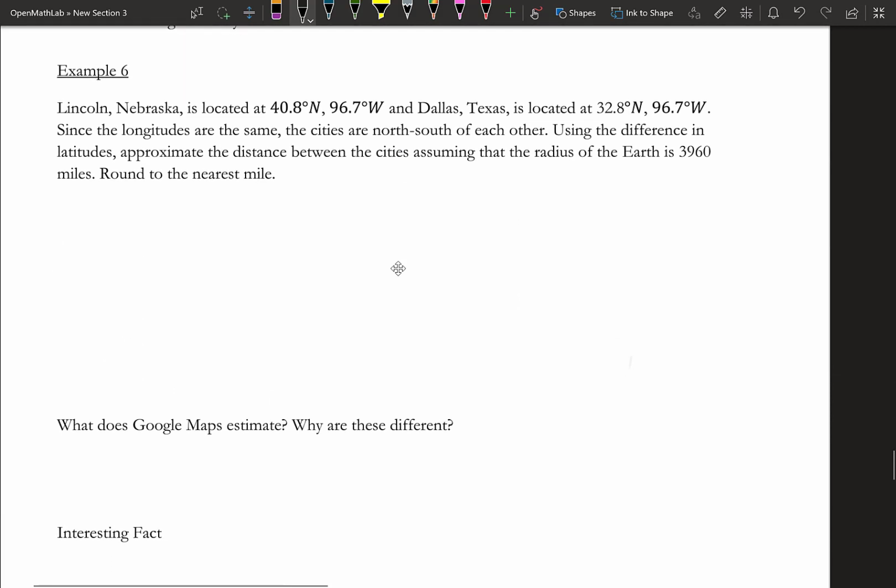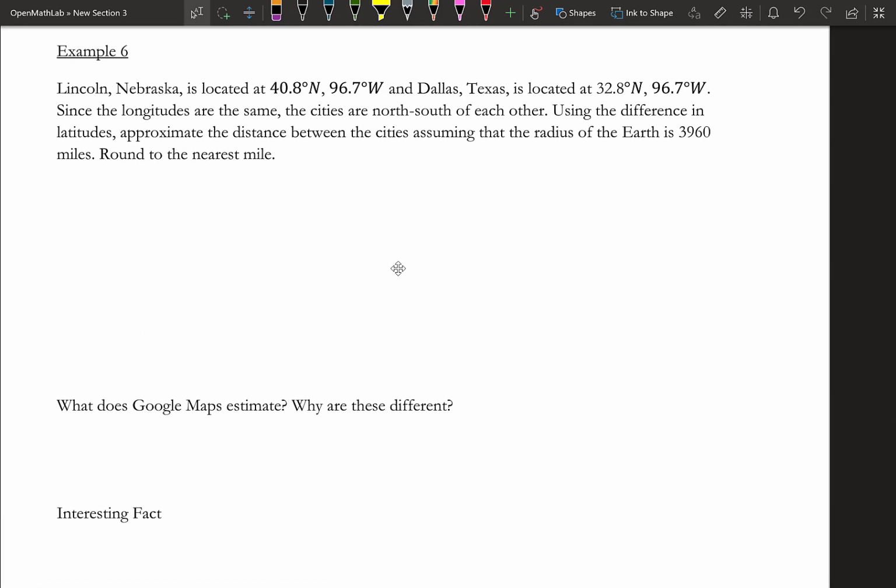Example 6 has to do with longitude, latitude, and arc length. We're told that Lincoln, Nebraska is located at 40.8 degrees north, 96.7 degrees west, and Dallas, Texas is located at 32.8 degrees north, 96.7 degrees west. Those angle measurements are latitude and longitude.